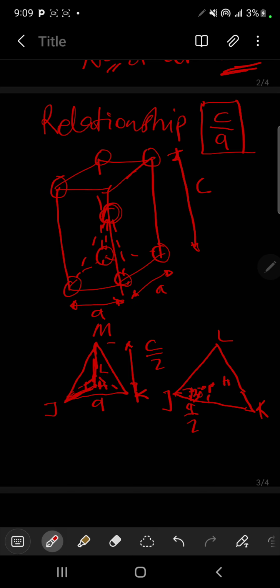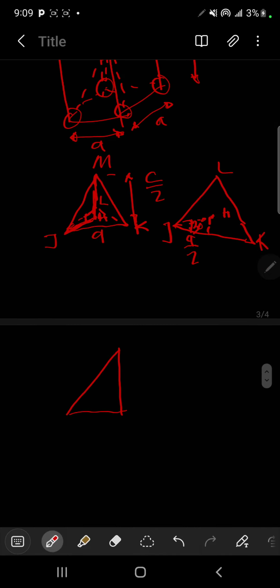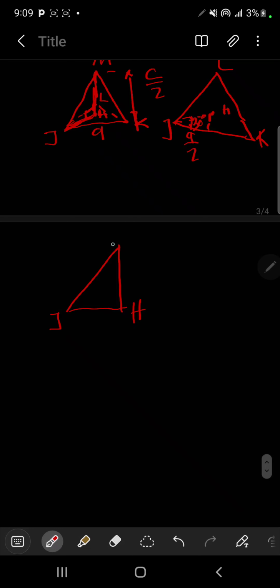If I rewrite just this section alone, I can draw it. It's just going to be a right angle triangle, and this point is J, the middle point is H, and the top point is M, just like that.